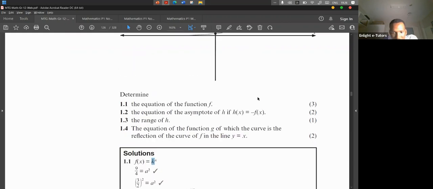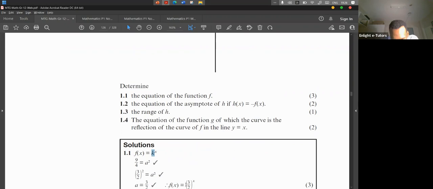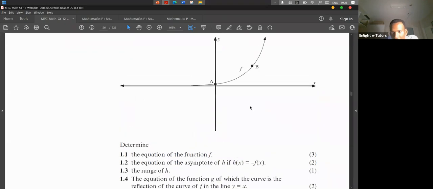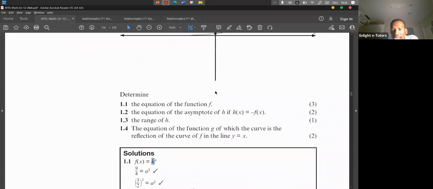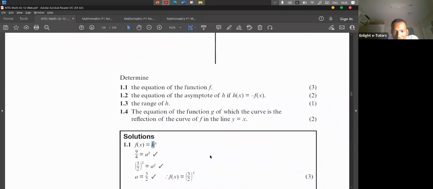So this equation now has a minus. If it has a minus, we times all of it by negative. So negative f at x is now going to be negative 3 over 2 to the power x.